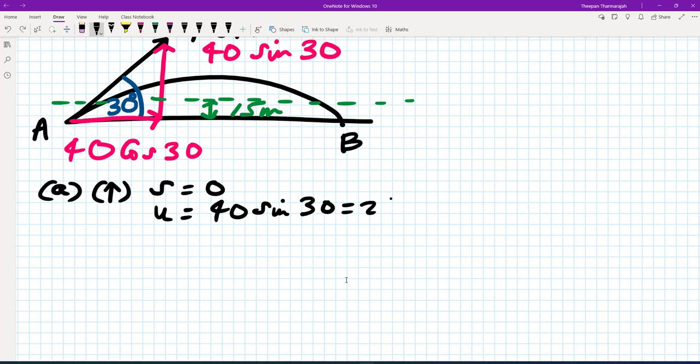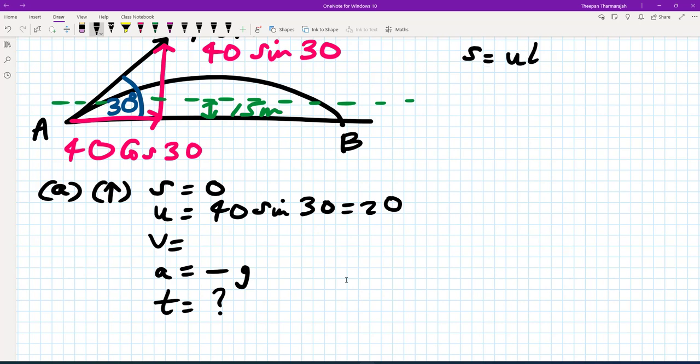And A is minus g. And we're trying to find out the time of flight. So the equation we need is s equals ut plus a half at squared. So s is 0 in our case.